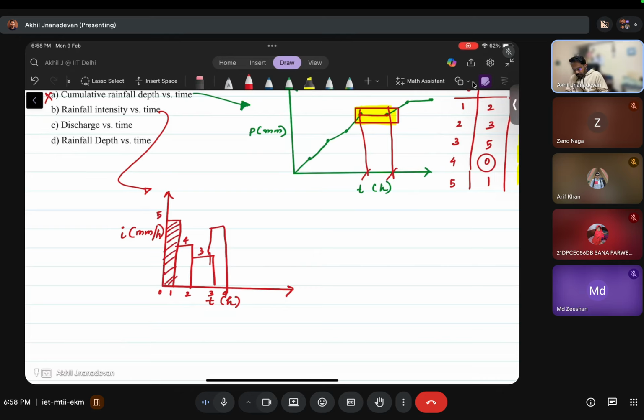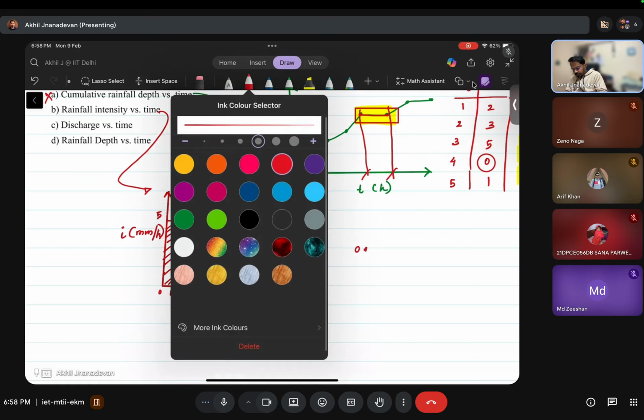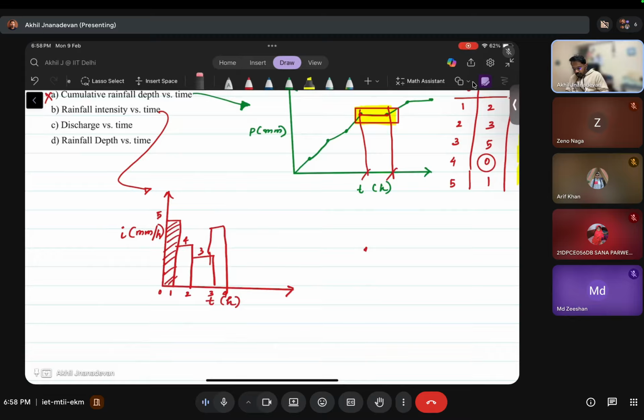What it represents is that in the first 0 to 1 hour, a rainfall intensity of 5 mm per hour occurred. That is, for the entire 1 hour the rate was 5 mm per hour, so for that particular hour, 5 mm of rainfall happened, right?